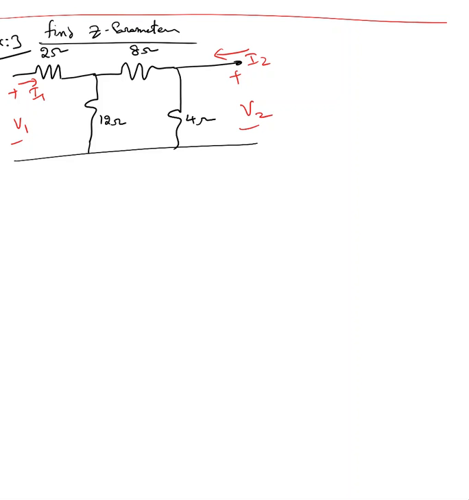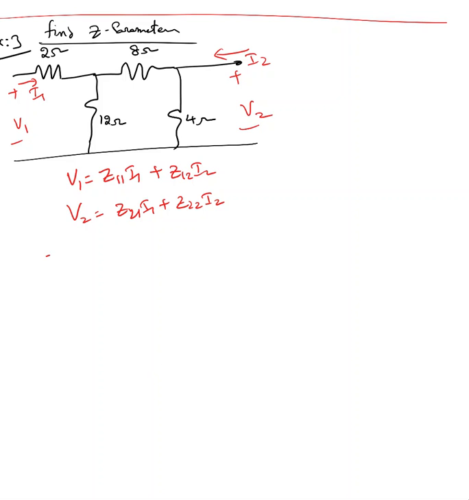Now what are the equations for the impedance parameters? So you need to remember this: V1 equal to Z11 I1 plus Z12 I2, and V2 equal to Z21 I1 plus Z22 I2. Here V1 and V2 are dependent quantities and I1 and I2 are independent quantities.